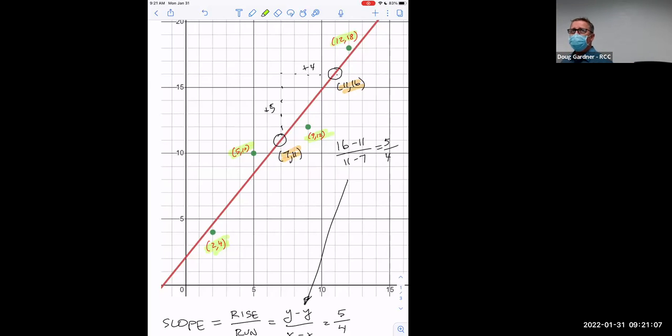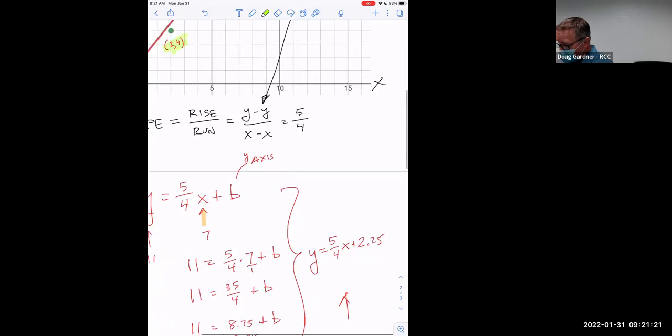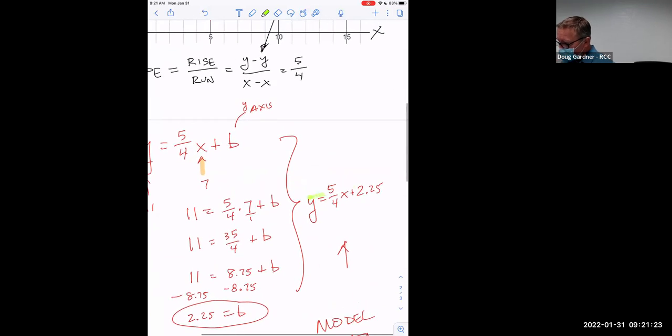And this is what regression is, where instead of you doing it by hand, which is cool that you can do it by hand, if I stick those 4 points into my graphing calculator and just tell it to find the equation for me, it's going to find the equation of that red line. It's going to be really close to this one that we just got, but it'll actually be a little better.